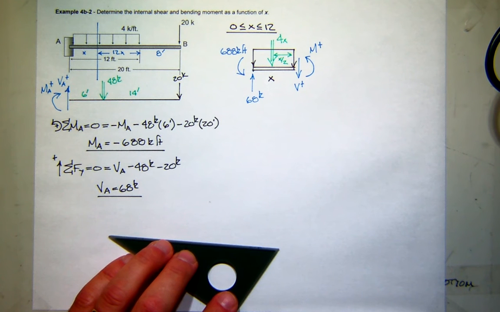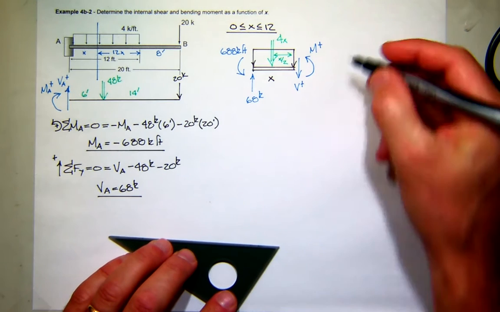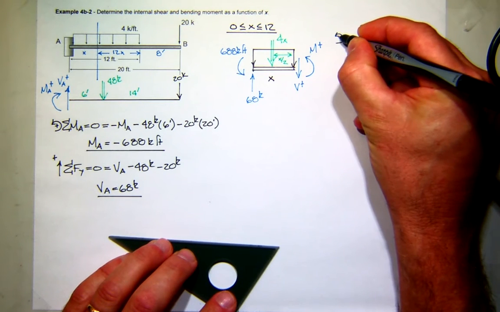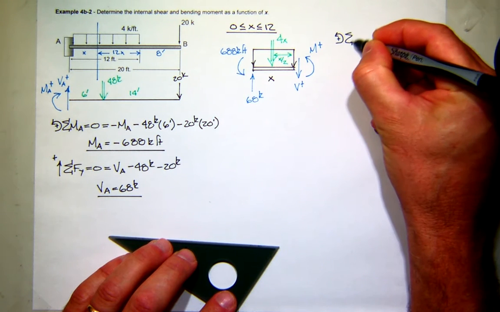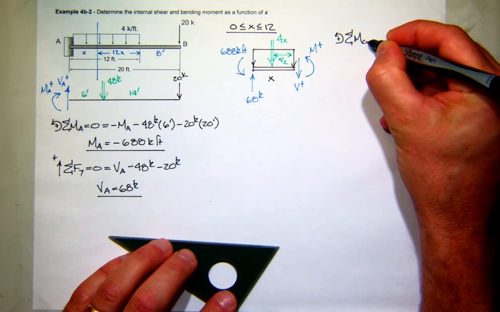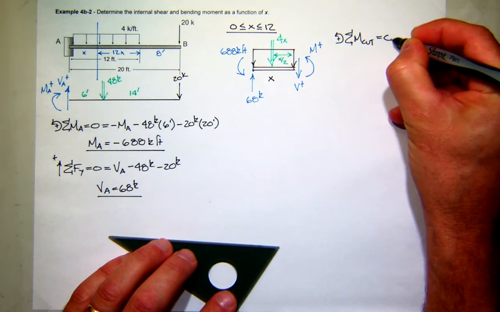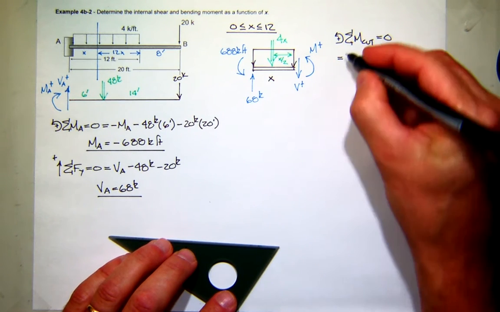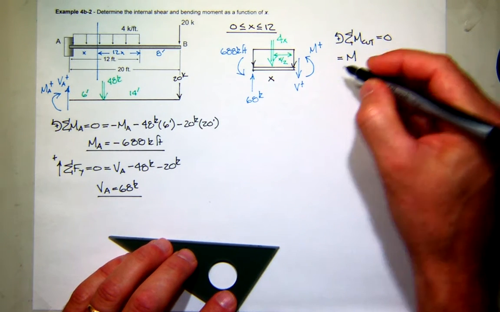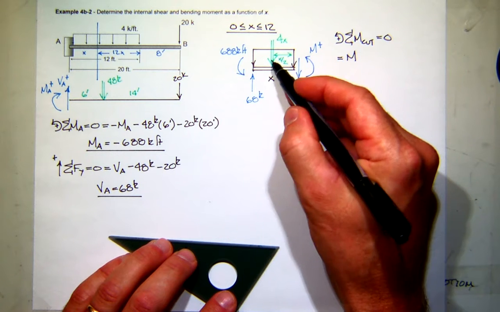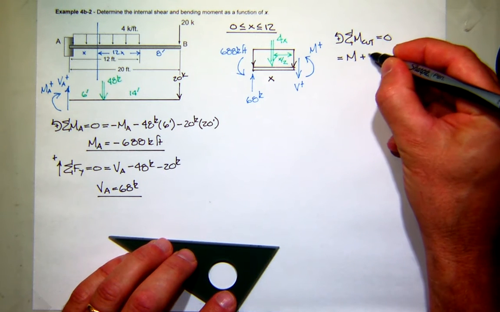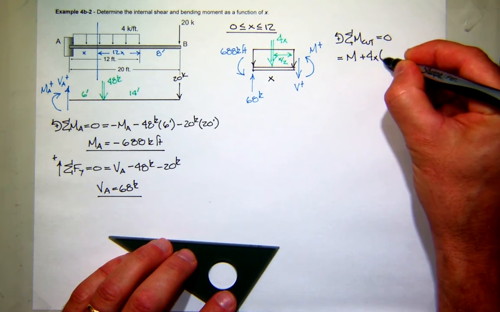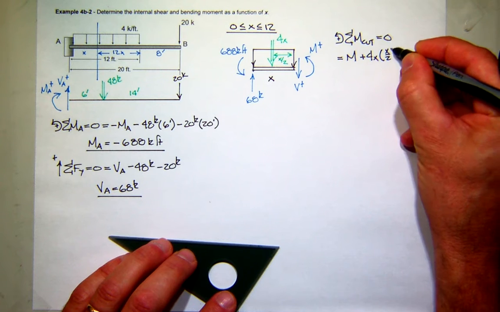So all I have to do now is apply my equilibrium equations. So I'll come over here and I'll sum moments at the cut and make sure it's equal to 0. So that will be, starting on the right hand side, that's my moment, which is positive. This force of 4x is creating positive moment about the cut with a moment arm of x over 2.